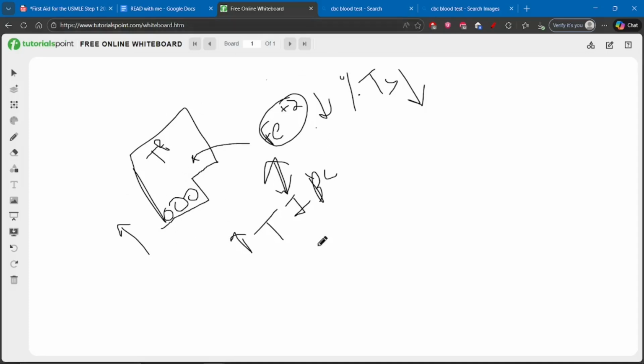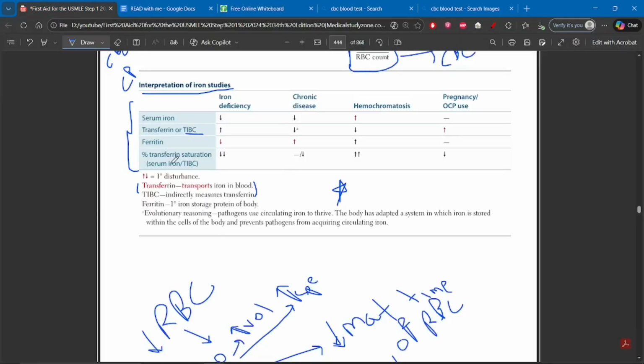If iron is low, there's going to be increased carrying capacity of the transferrin molecule. So these two are opposite, but these two are the same, right? Now that you've had a quick review of what these variables are, we just need to put them under every situation.